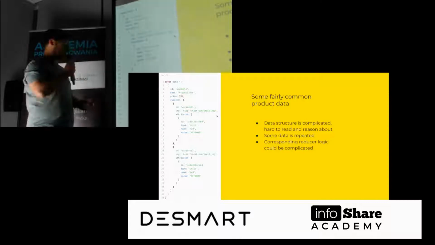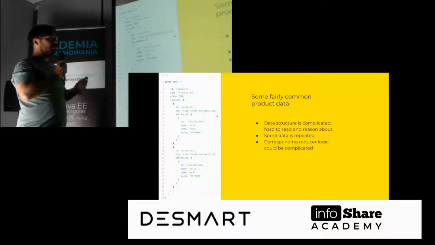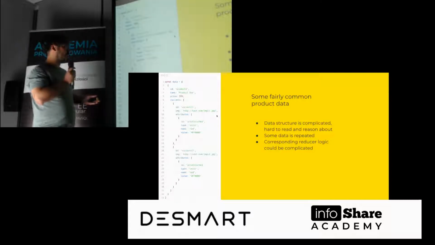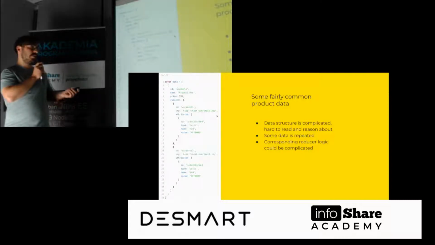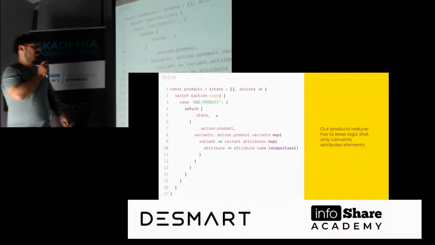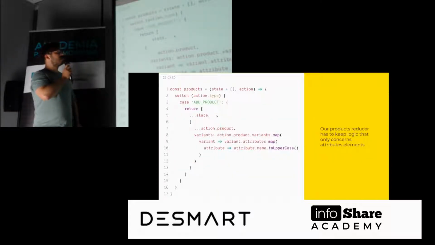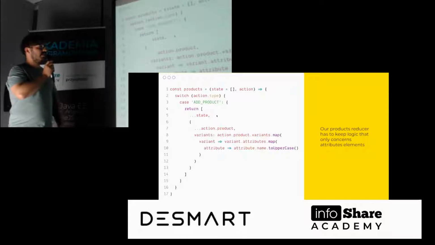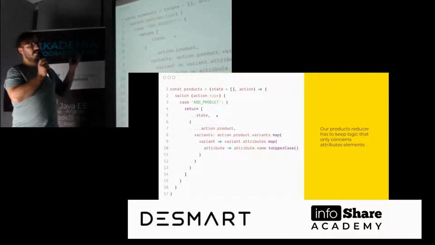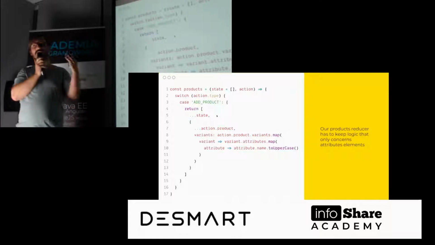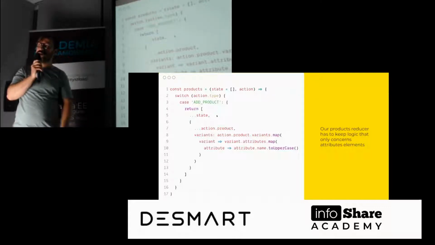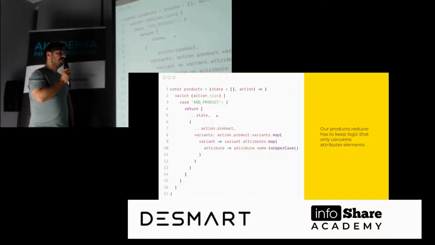Basically, let's see how it could look if we want to change the name of the attributes to uppercase. We have this action, update product, and then we have to map over the variants, map over every attribute, and then change the name.